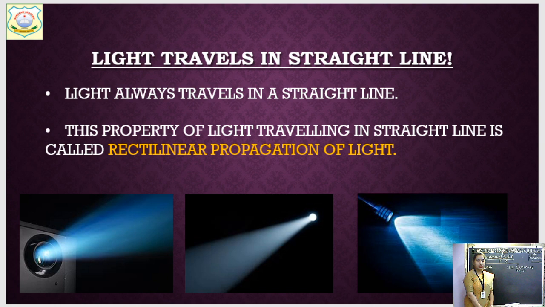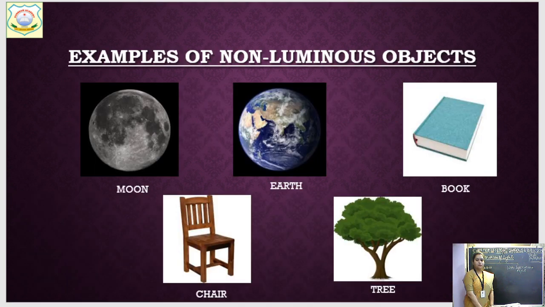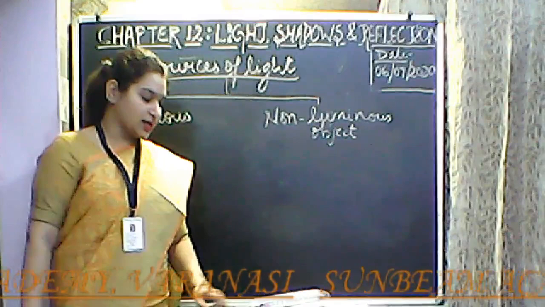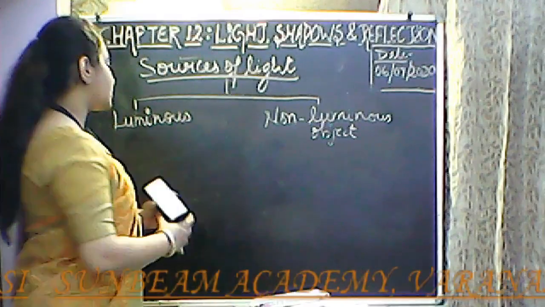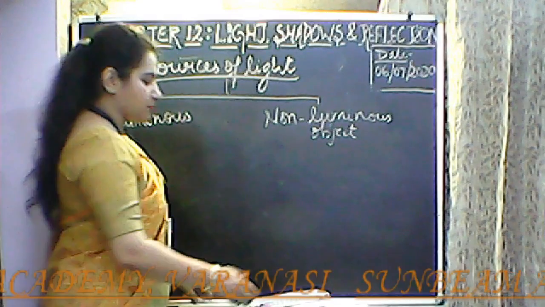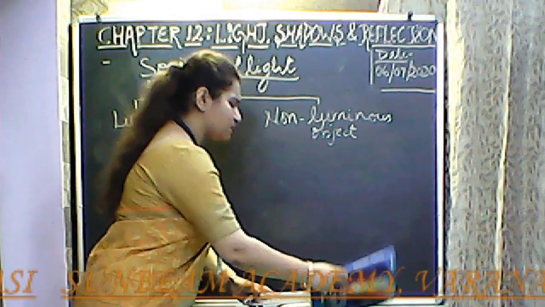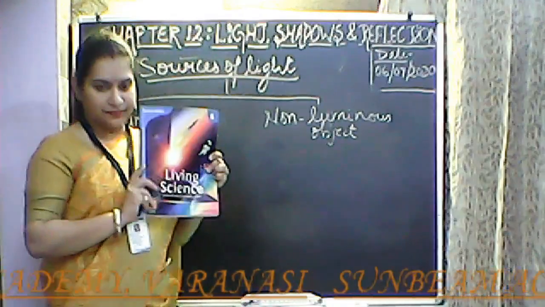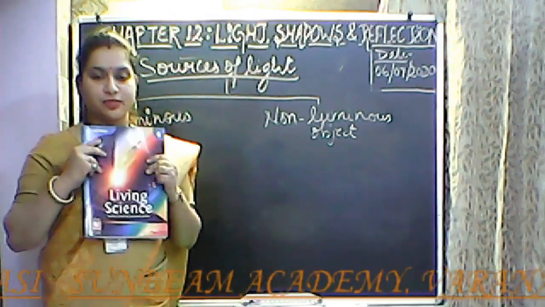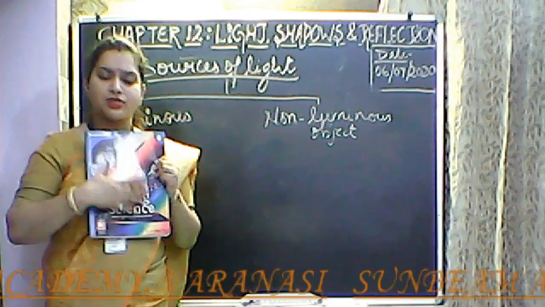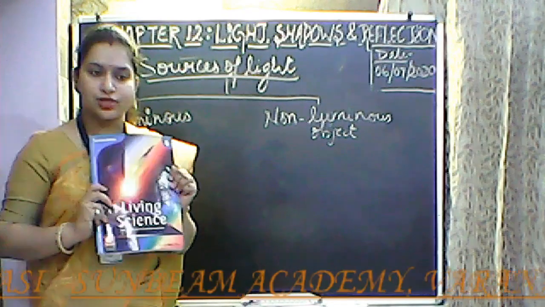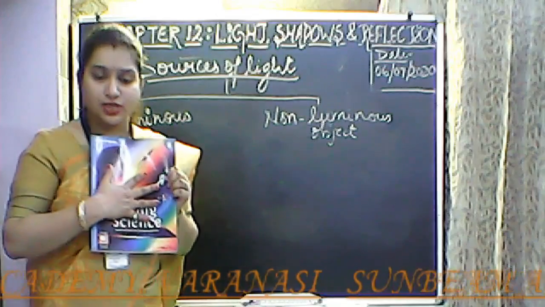Now the question comes, if objects are not emitting light, then how are we able to see them? For example, if I take this book, if it is a non-luminous object, how are we able to see it?